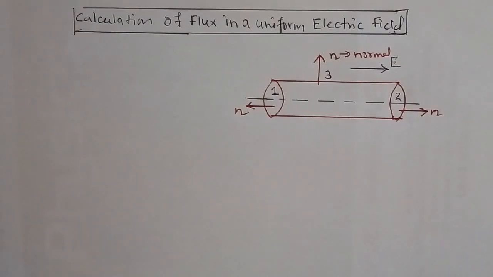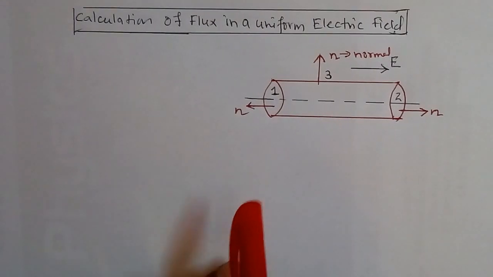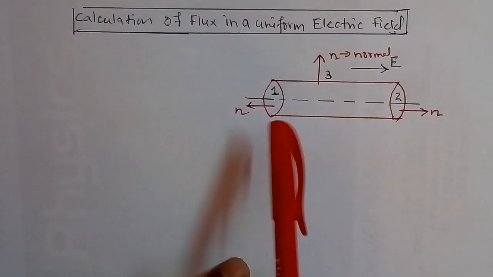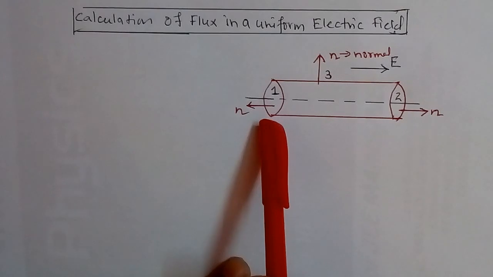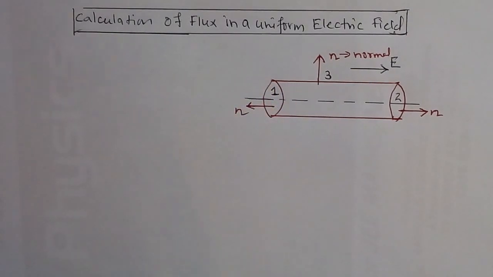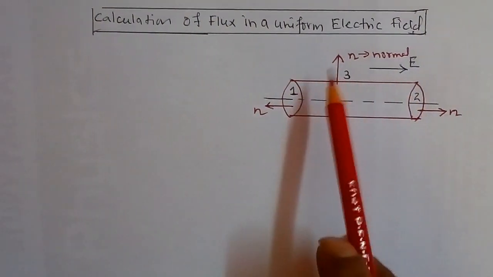Now students, we are in a position to calculate the flux in a uniform electric field for a given cylinder. As you can see in this particular cylinder, we have chosen three normals because there are three surfaces. This is surface 1, this is surface 2 and this is surface 3.